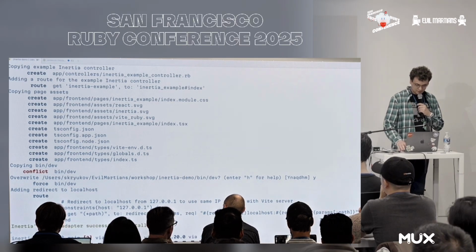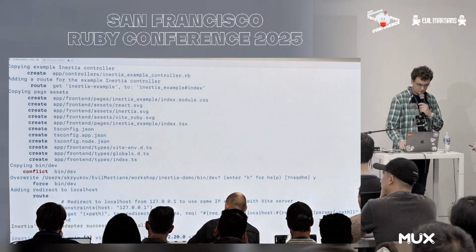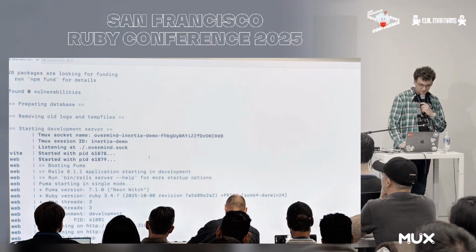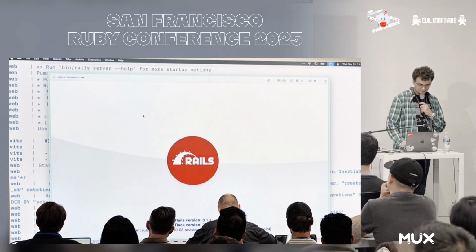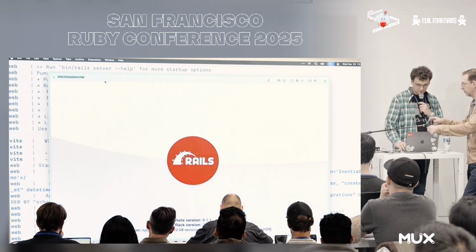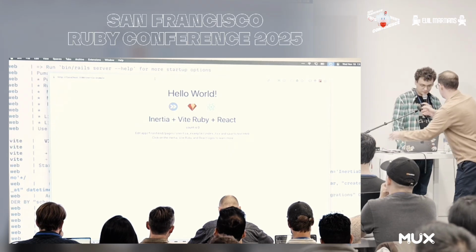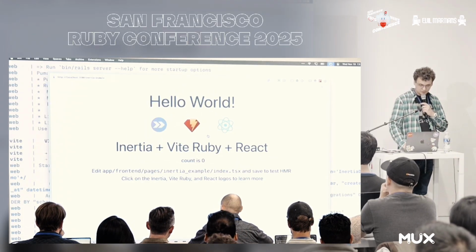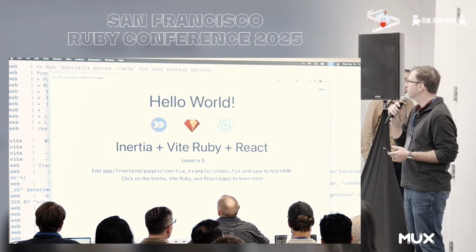So now we can run bin setup. And open the app. So we have an Inertia example prepared for us, and it just works. Here it is. We are up and running.